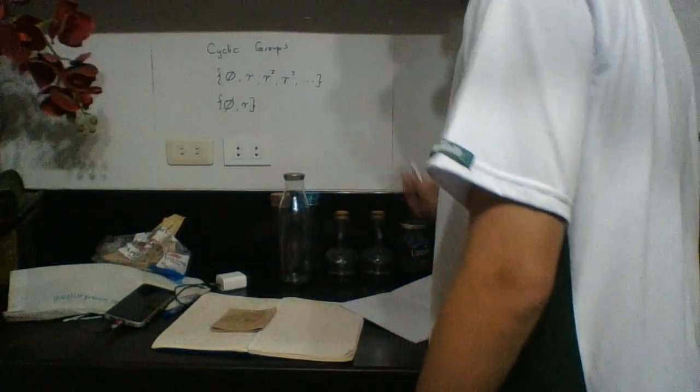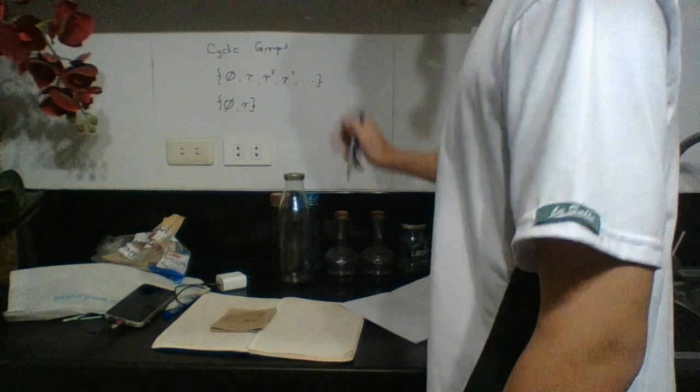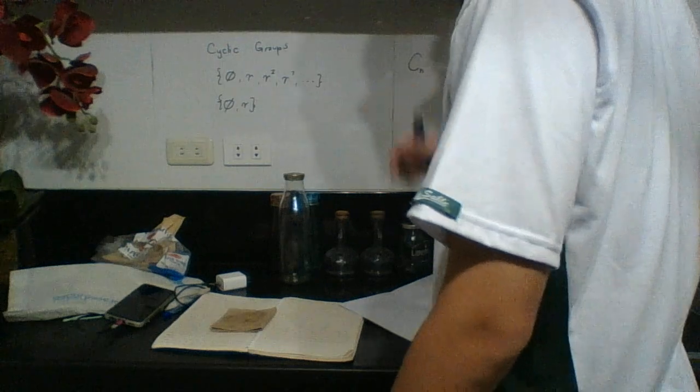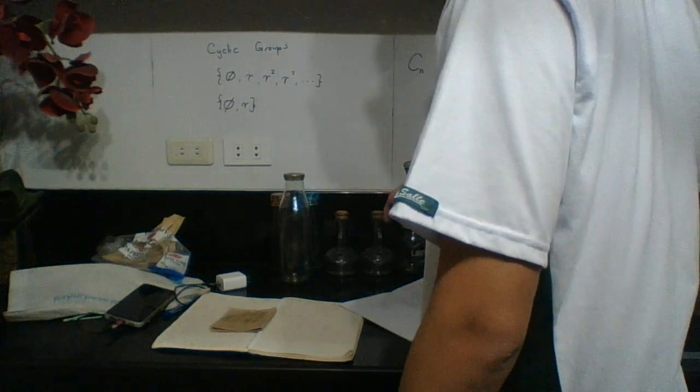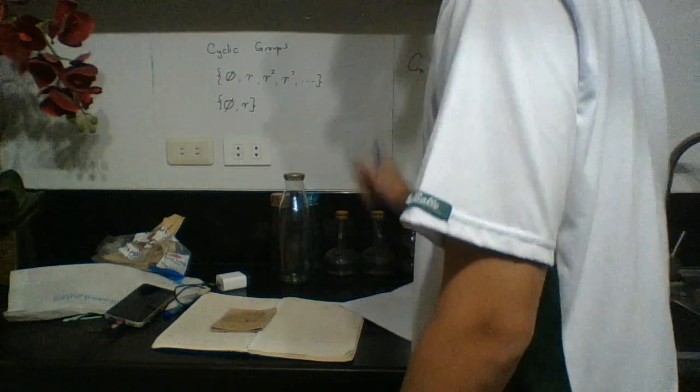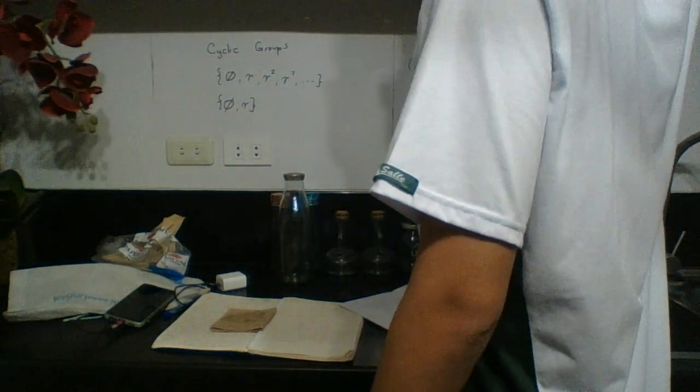Now, these things are denoted via their order. So a cyclic group Cn contains n amounts of generators. Actually, n plus 1, because we have our empty set. But actually, no, let's not use the empty set.